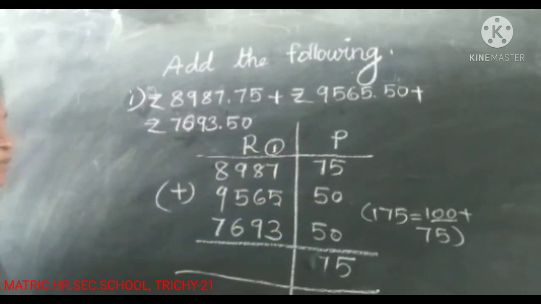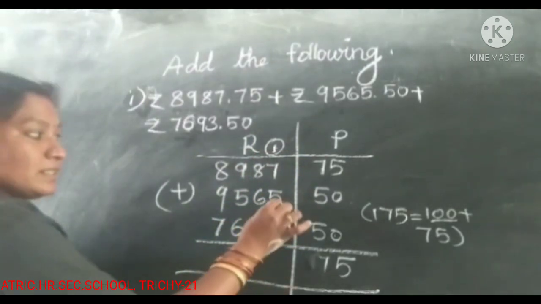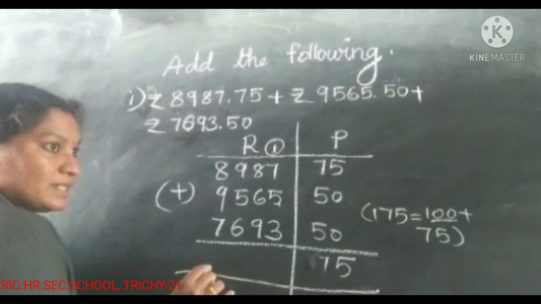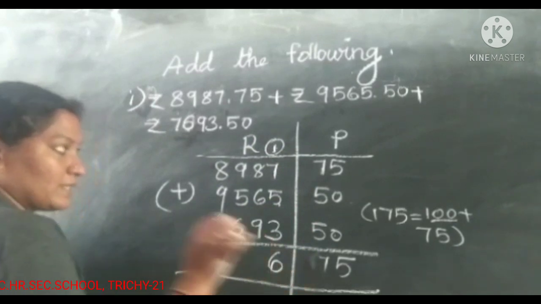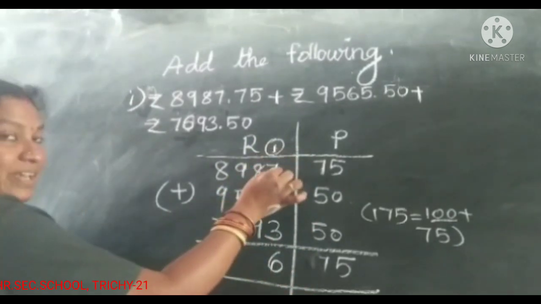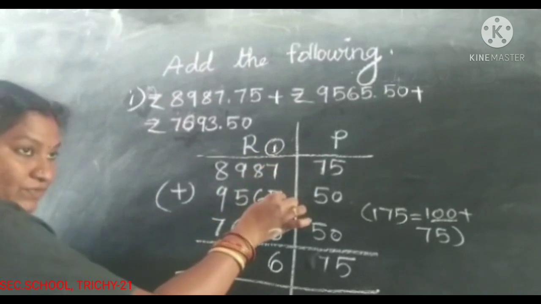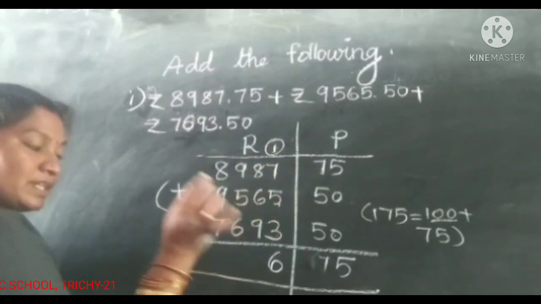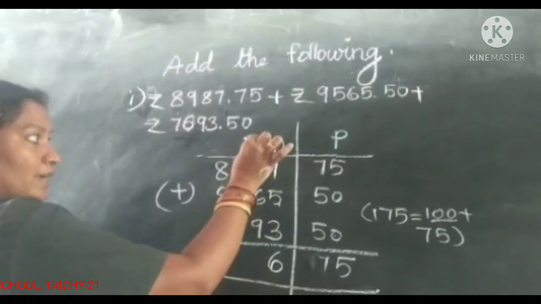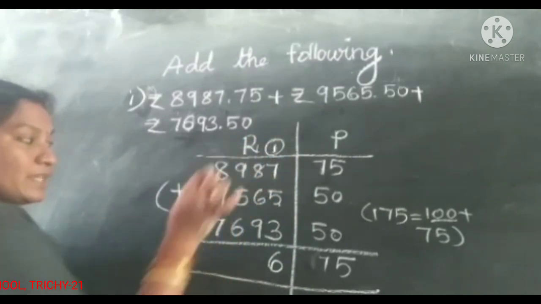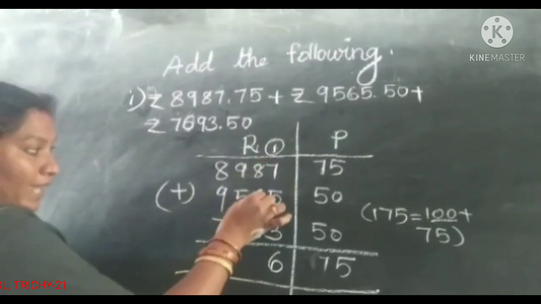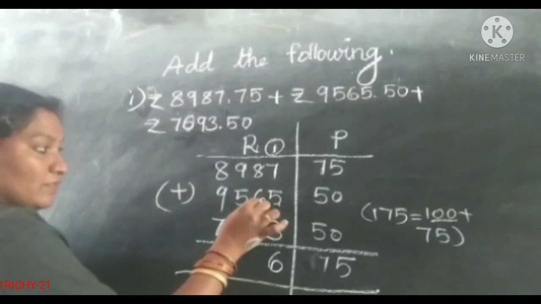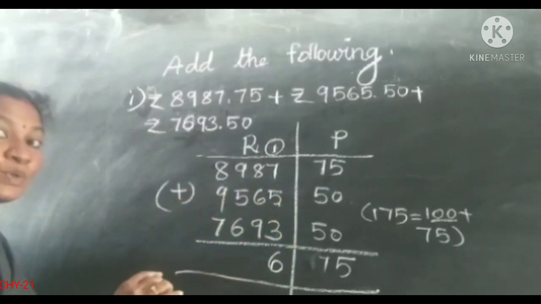Next, 7 plus 1 is 8. 8 plus 5 is 13. 13 plus 3 is 16. So 6, clear? 1 plus 7 is 8. 8 plus 5 is 13. 13 plus 3 is 16. So 6 and remaining 1. 1 plus 8 is 9. 9 plus 6 is 15. 15 plus 9 is 24.